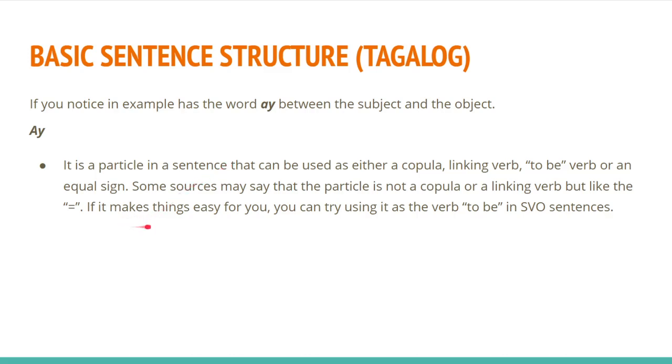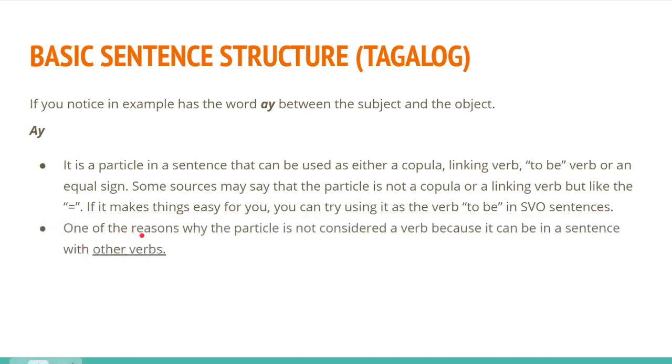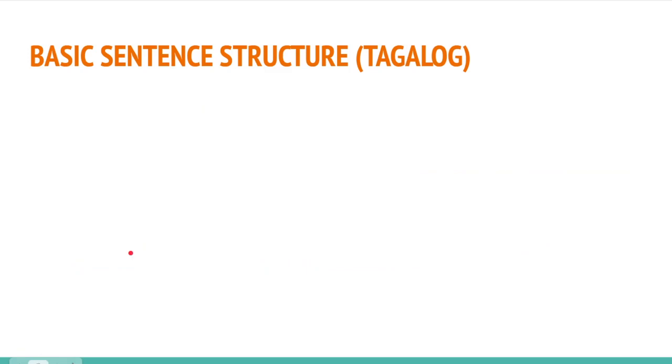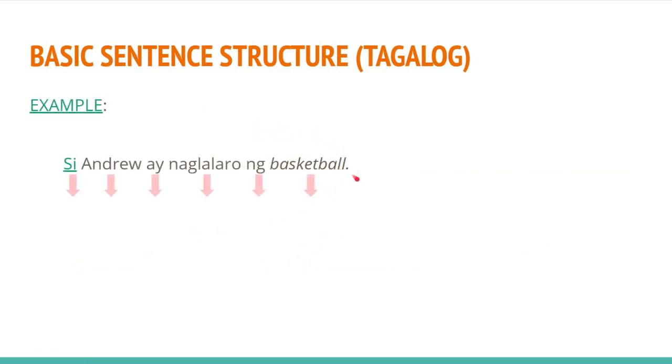So also, if it makes things easy for you, you can try using it as the verb to be in the subject, verb, object sentences in the previous slide. Also, they said that one of the reasons why the particle is not considered a verb, like an action verb, is because it can be in a sentence without a verb. And what does that mean? Here is an example.